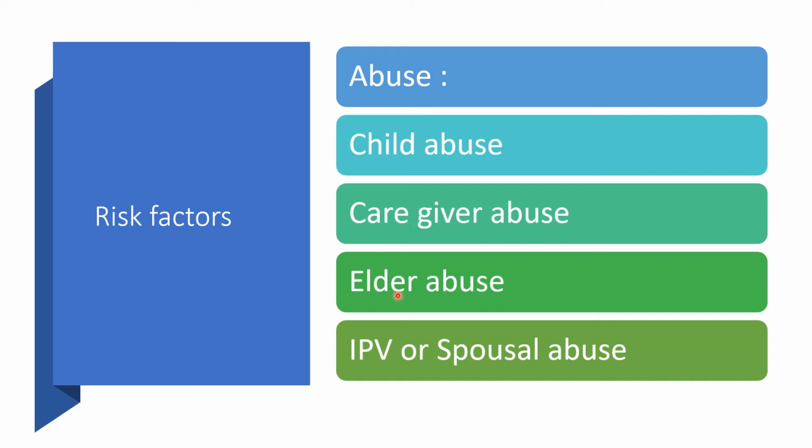It's possible somebody has pushed somebody down somewhere, or hit the other person with something, or intimate partner violence, mistreatment at home, or spousal abuse. So first things first, the legal aspect of it is to rule out abuse.